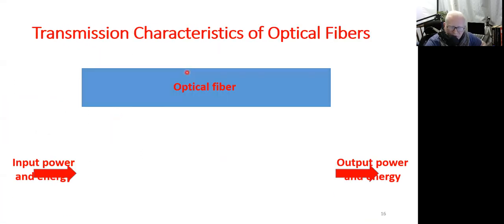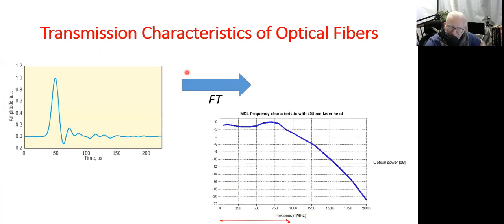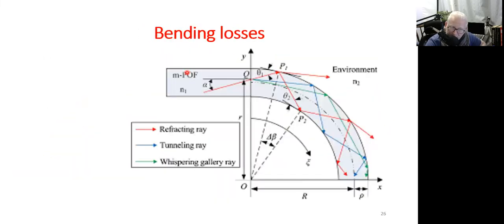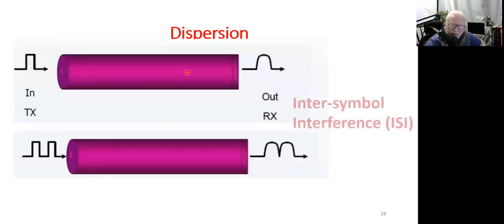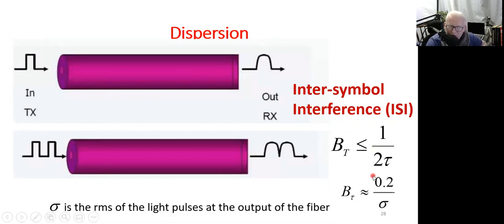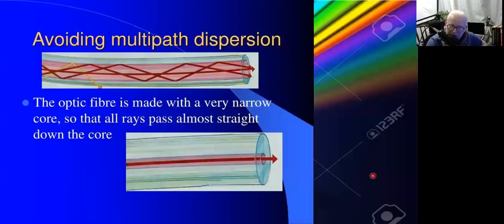But herein you have a trade-off, because whenever you increase the number of modes, you also increase the dispersion, I'm sorry. So you are going to decrease the bit rate to reduce the multipath dispersion. So it's a trade-off between increasing the number of modes and increasing the dispersion, which is, of course, a negative sign that limits the data rate in an optical fiber.